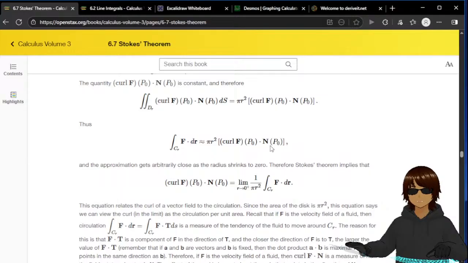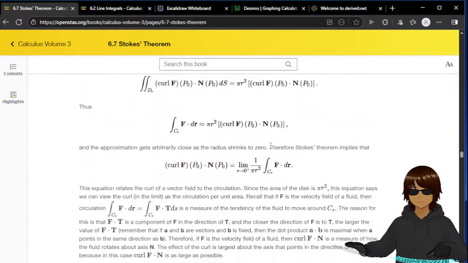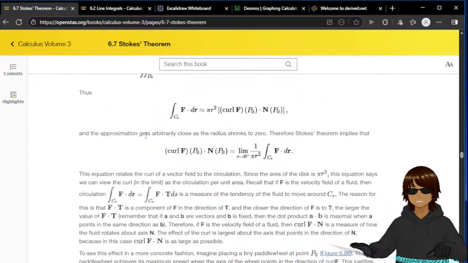times curl F(P0) dot N(P0). And the approximation gets arbitrarily close as the radius shrinks to 0.